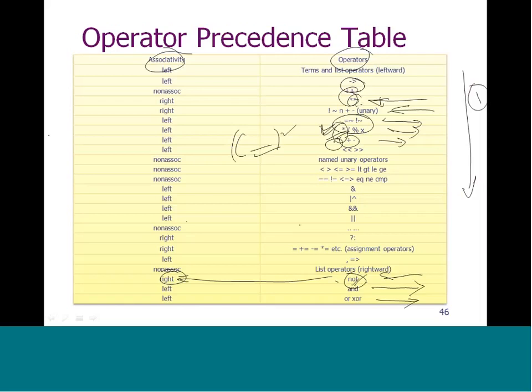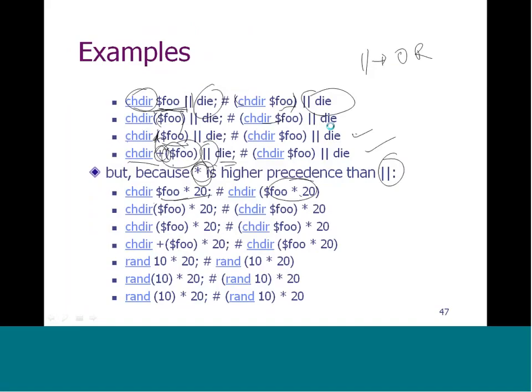The relational operator here is of a lower precedence than the asterisk. So again you see how the precedence works.